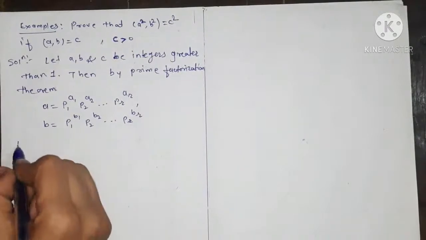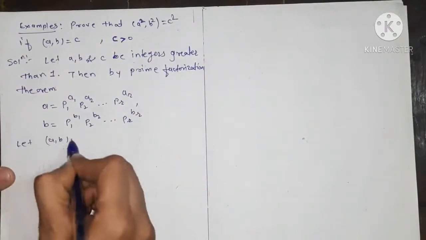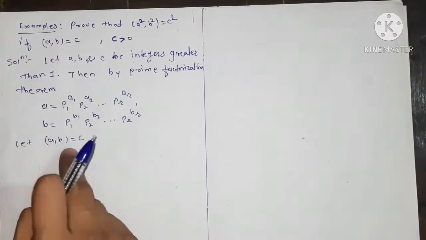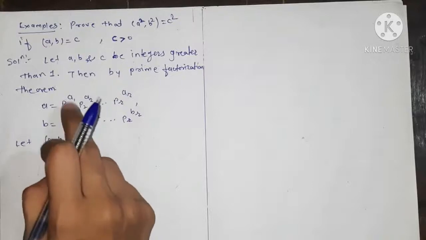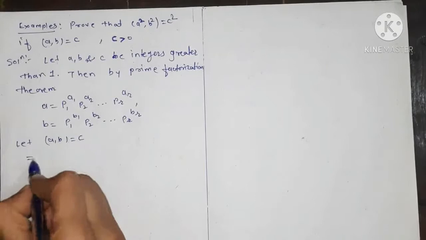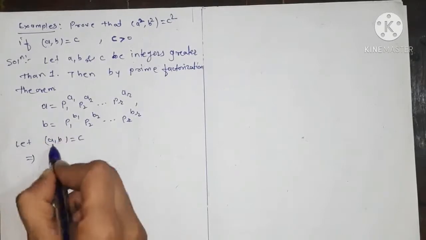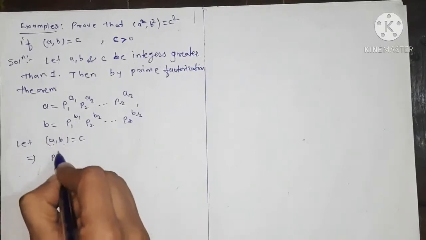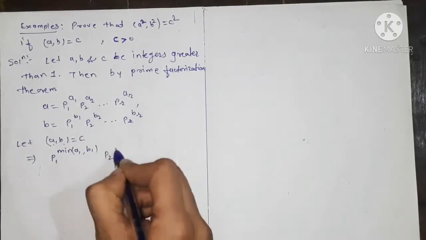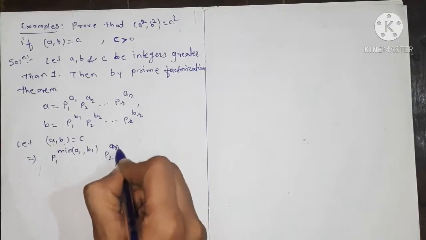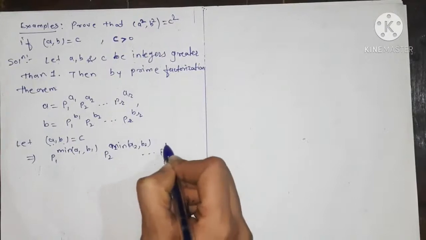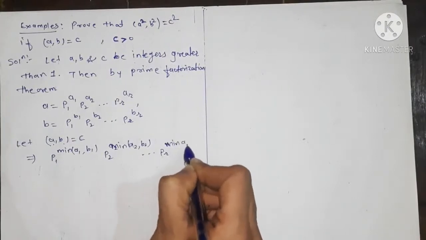Okay, and let the GCD of a comma b equal c. As we know, we can find the GCD by taking the minimum of the powers for the prime numbers. So this implies that the GCD of a comma b is nothing but p1 to the power minimum of a1 comma b1, p2 to the power minimum of a2 comma b2, and so on, pr to the power minimum of ar comma br.